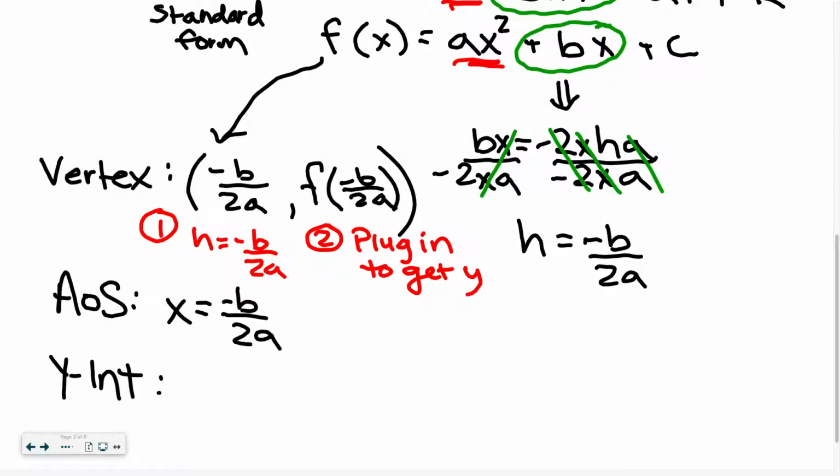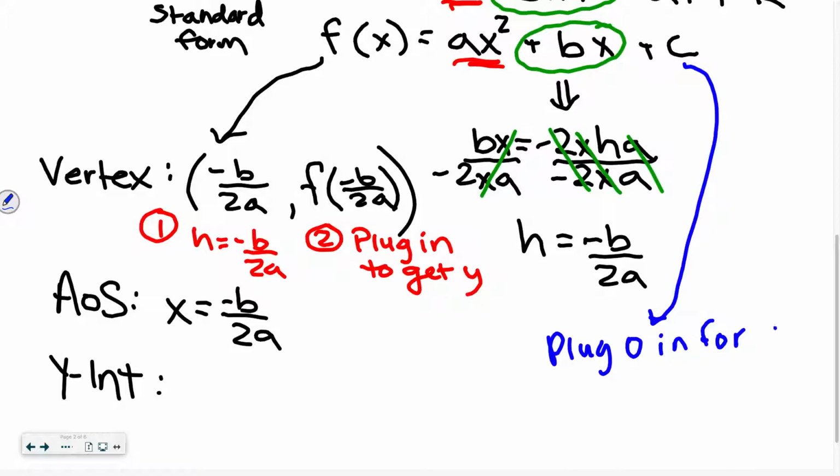Every single point on the y-axis has x equal to 0, right? So that you don't go left or right, you stay on the y-axis. So if you wanted to manually find the y-intercept for this standard form, you would plug 0 in for x. I'll do it one time and then I'll never do it again for this particular standard form.